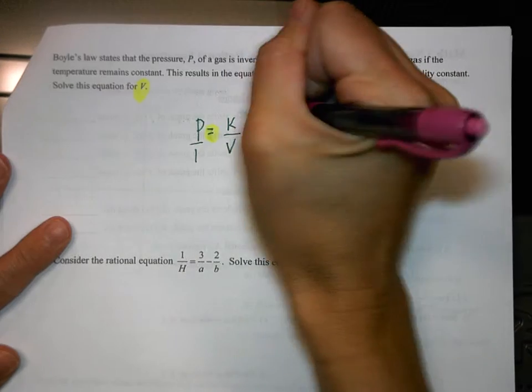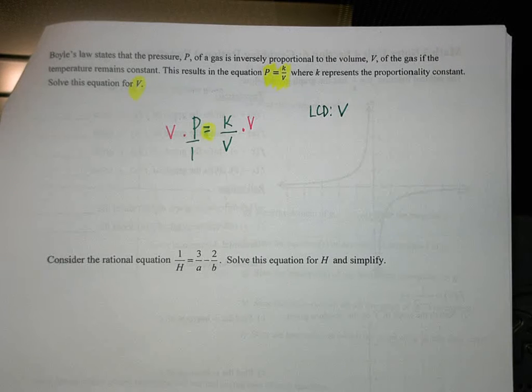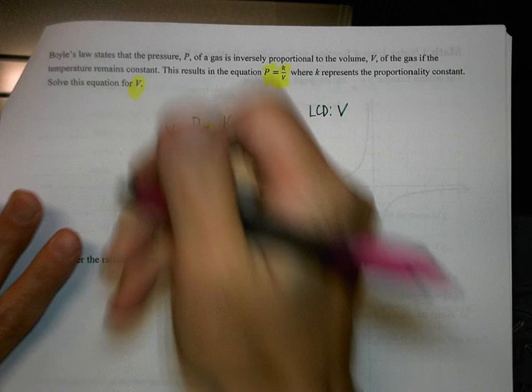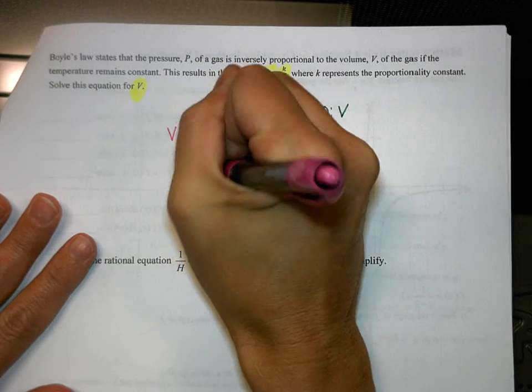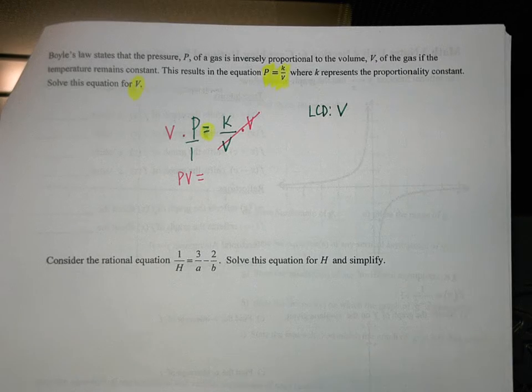Multiply V to every fraction. On the left side we multiply them together. Normally with letters, we write them in alphabetical order. So I would write that as PV equals, here the V's cancel out and I'm left with K.